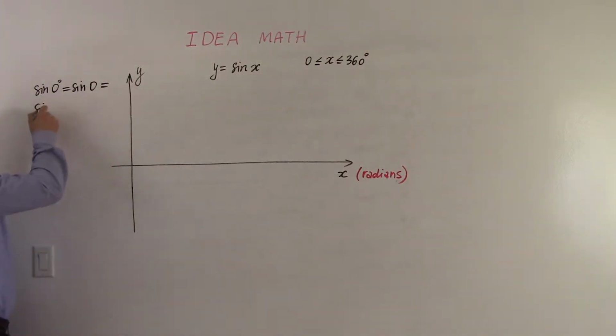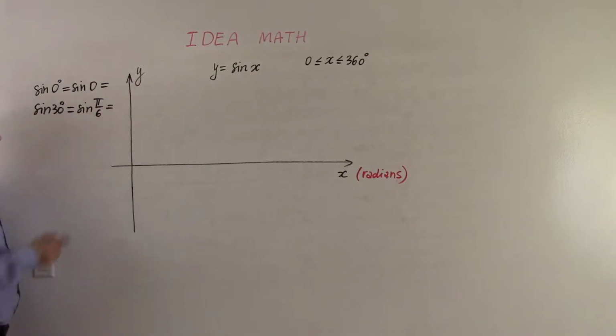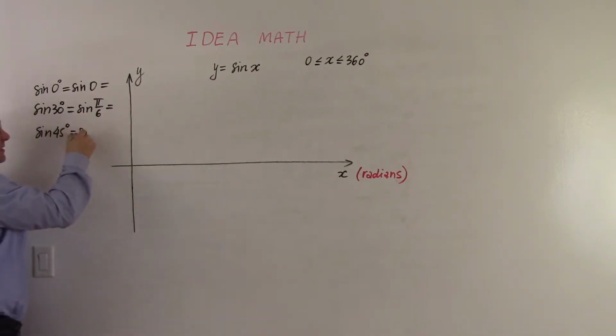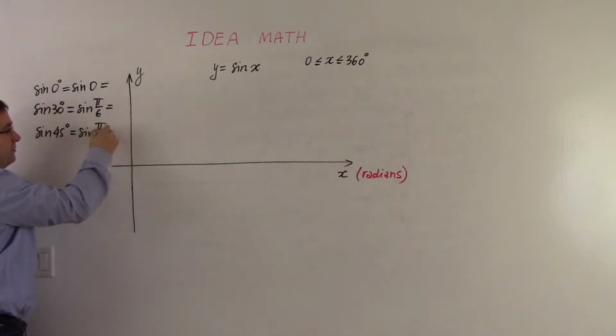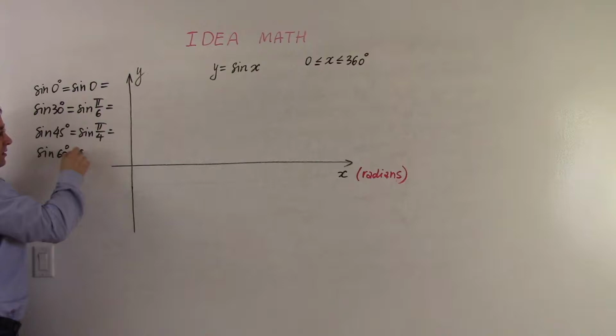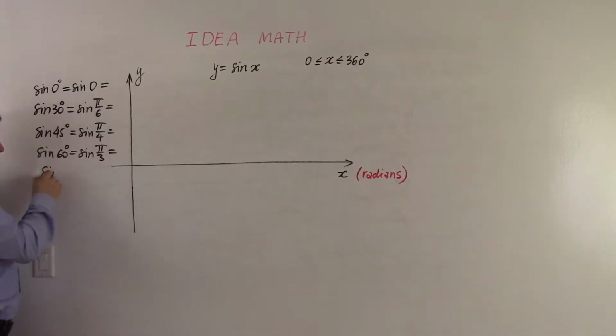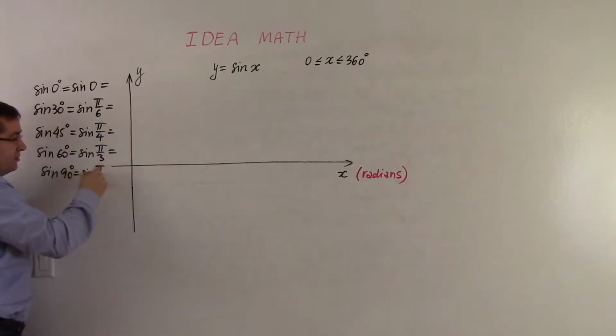The same thing about 30 degrees, which is sine of pi over 6. We should remember this value. Next special angle, sine 45, which is sine of pi over 4. Sine 60, sine pi over 3. And sine of 90 degrees, which is sine of pi over 2.